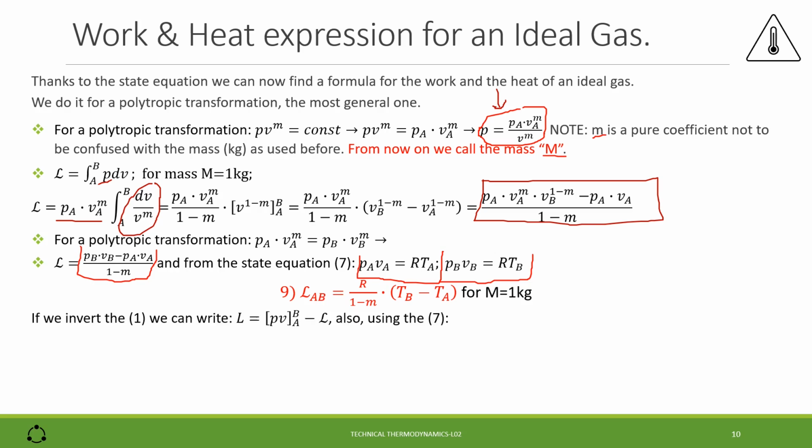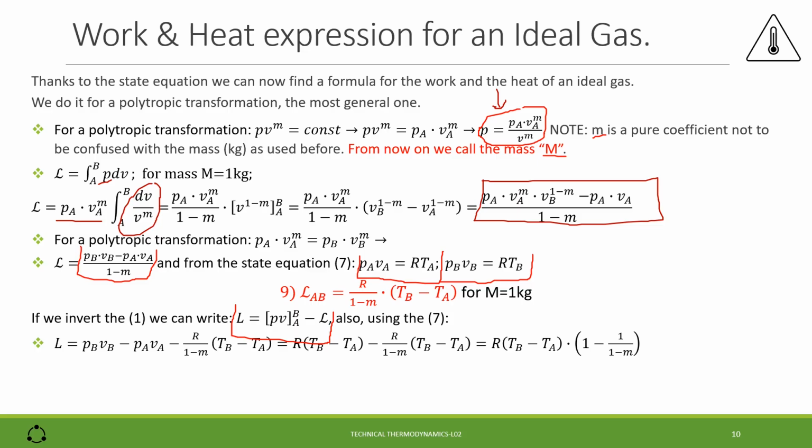And if we invert the formula number 1, we can write the expression of the thermodynamic work in this form, and then using the formula number 7, we can express the work in this form: PB into VB minus PA into VA minus the expression found above.